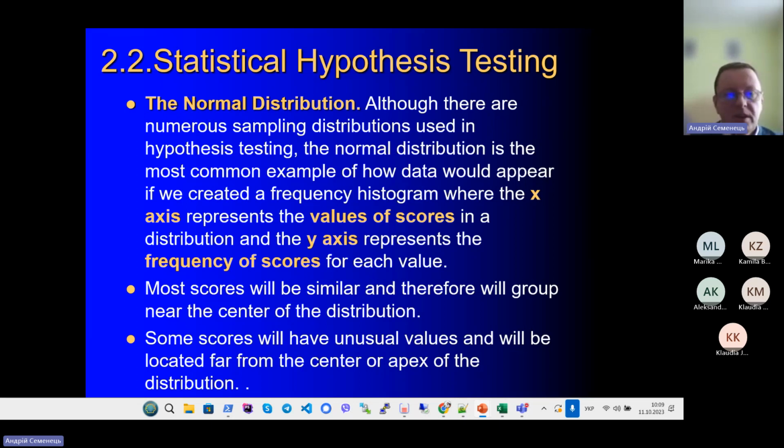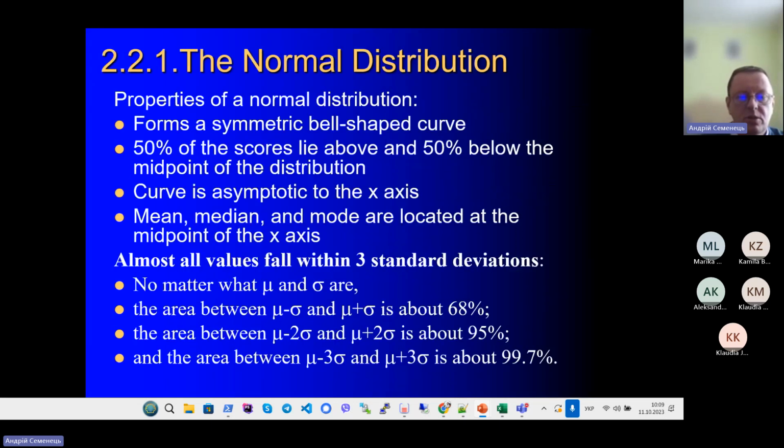So we have numbers. If we talk about normal distribution, if we create a frequency histogram, the x-axis represents the value of scores and the y-axis represents the frequency of scores. Scores are similar, therefore they group near the center of the distribution. Scores that have an unusual value are located far from the center of the distribution.